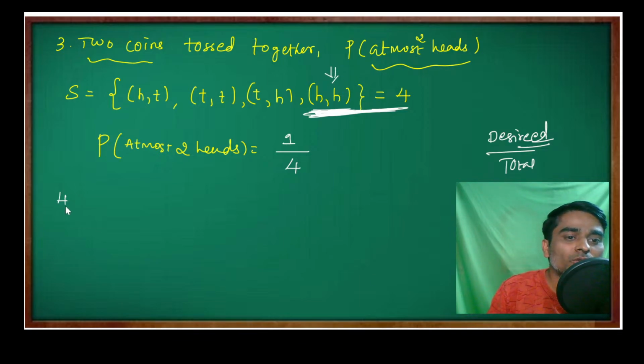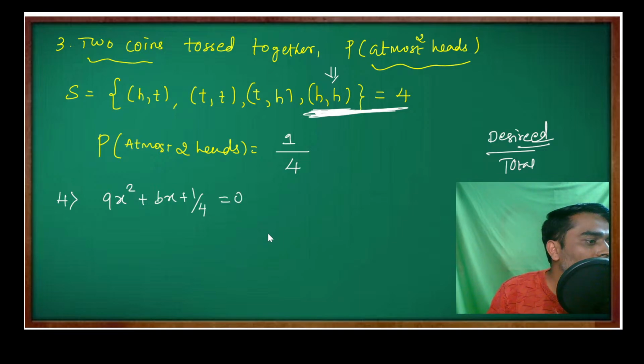Let's take the fourth question. Quadratic equation 9x square plus bx plus 1 by 4 equal to 0. Nisarga, you are talking about at least.